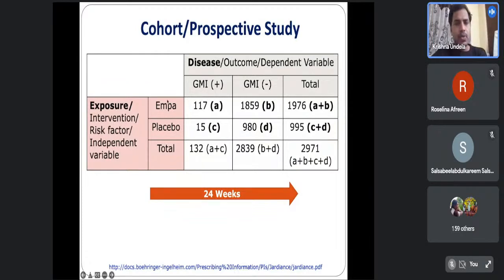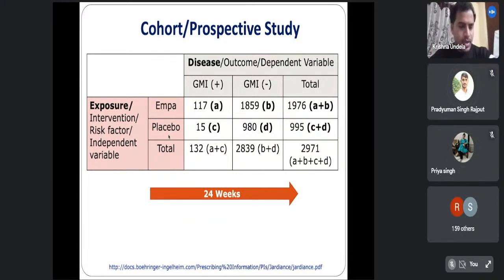And here I have an example of empagliflozin and placebo. Can anyone tell me what empagliflozin is? Has anyone heard about that medication? It is an anti-diabetic, an SGLT2 inhibitor. Exactly. So it comes under the new class of anti-diabetic medication, SGLT2 inhibitor, sodium glucose co-transporter 2 inhibitor.